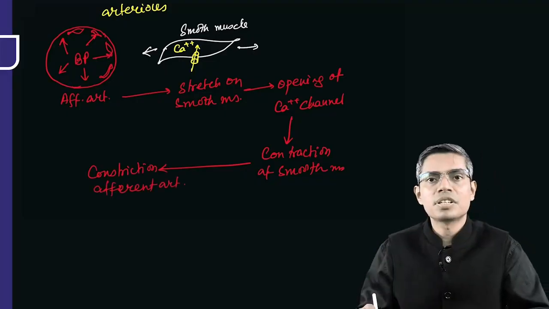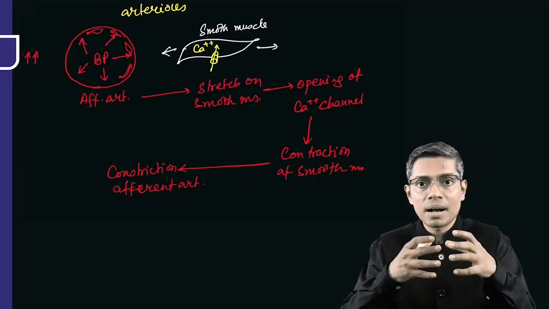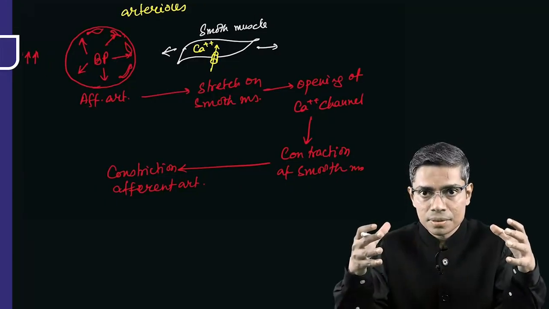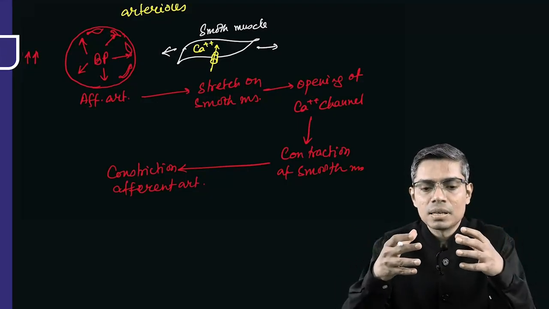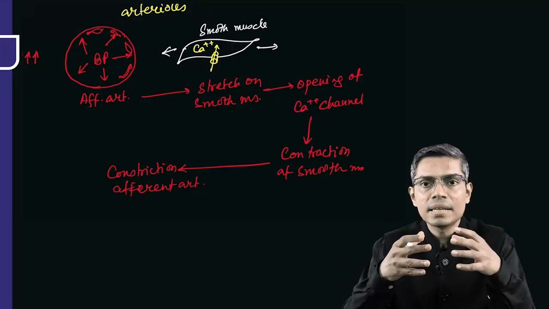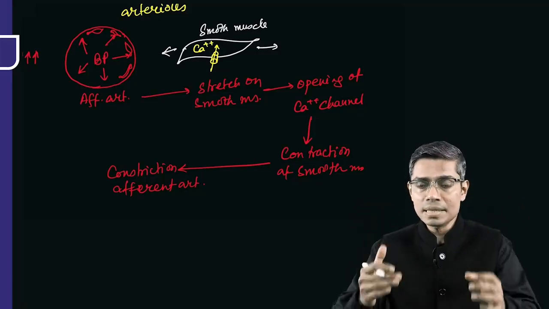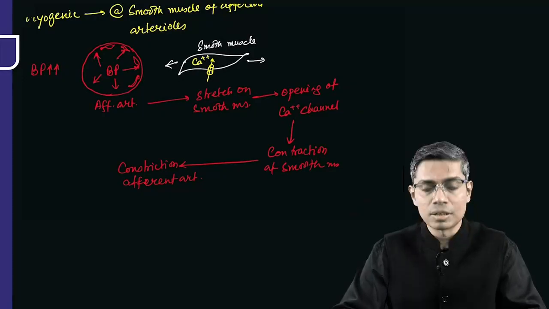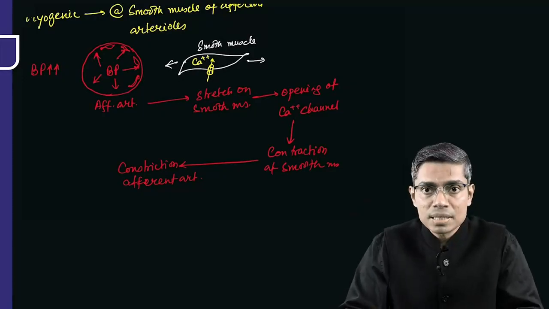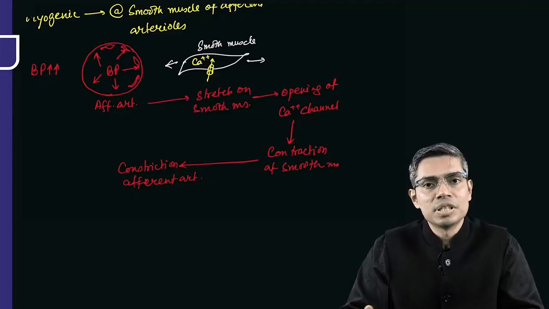So what you are saying is that whenever the afferent arteriole is stretched, due to contraction of the smooth muscle, the afferent arteriole will again get back to its normal size. This mechanism is mediated by smooth muscles. That's why the mechanism is known as the myogenic mechanism.